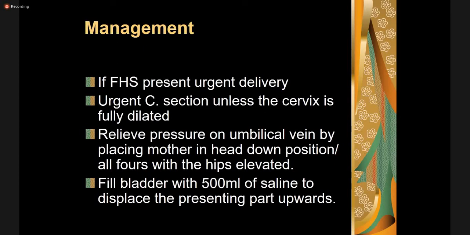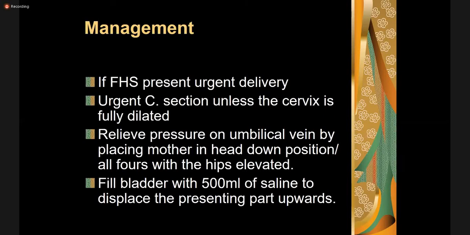Or if you find that she's only 4 or 5 centimeters and the cord pulse is there, number one, you have to relieve pressure on the cord by placing mother in head down position, all fours with the hips elevated. That means try to push the cord inside the vagina, and relieve the pressure on it.